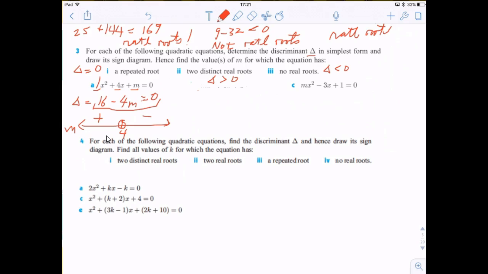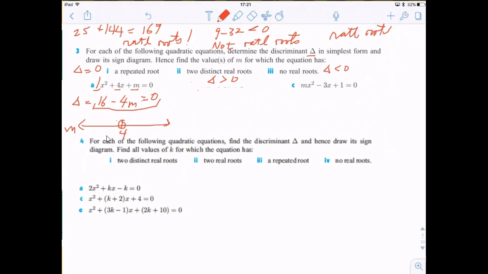It's not going to be plus and minus on the same side of 4. It has to be all minus on one side, all plus on the other, because it only crosses the x-axis at one point. Okay?